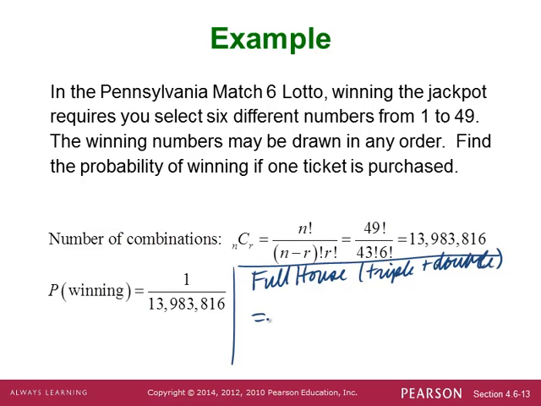Now we need to count the number of ways of getting a full house. So first of all, we need to choose a value for that 3 of a kind. There are 13 different values, so we have 13 ways of choosing the value. Once you choose the value, then there are 4 cards of the same value. Of those 4 cards, there's 4 choose 3 ways.